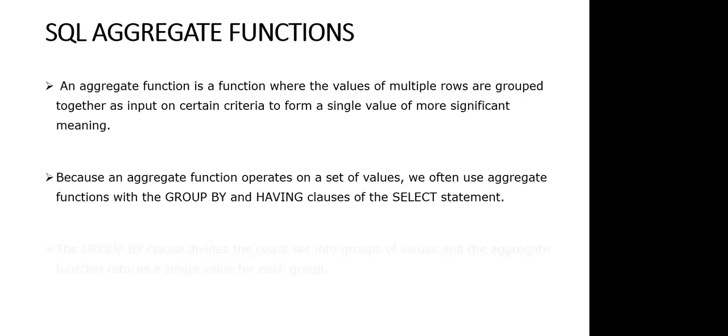Also, because these functions operate on a set of values, we often use the aggregate functions with the group by and having clauses. We've not looked at group by or having, but we'll see that later in our sections. So the aggregate functions, right? You use these with the group by and the having clauses of your select statement.